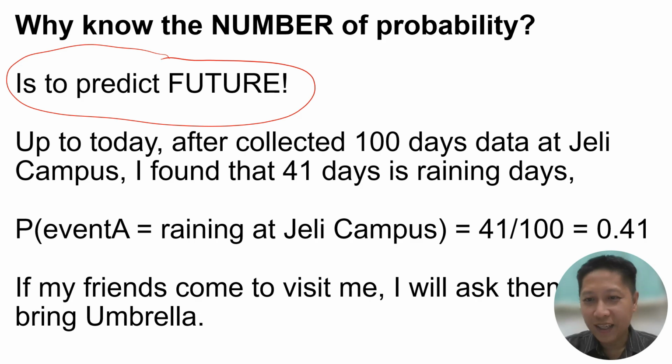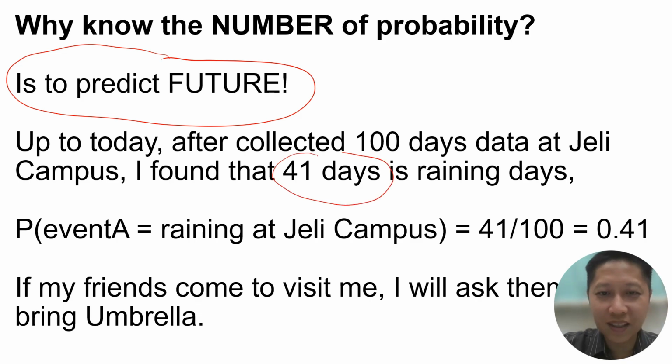For example, let's say one of our friends is going to visit us at the Chile campus here, and our friend doesn't know whether he needs to bring an umbrella or not. We're going to tell him yes, because in 100 days at the Chile campus, we found that a total of 41 days were raining days.